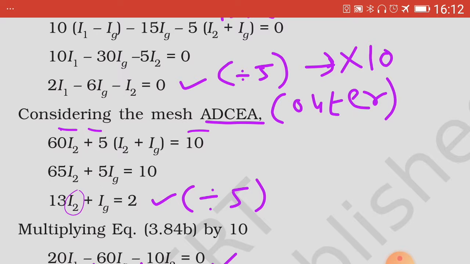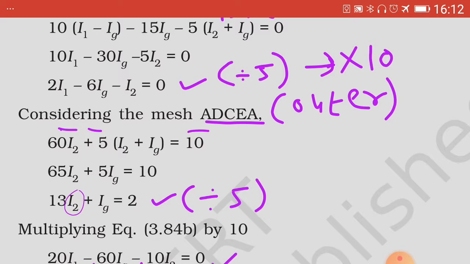Therefore, simplifying I2, that is 60 plus 5 I2, that is 65 I2 plus 5 Ig from the bracketed term equal to 10. So dividing each term by 5, we get 13 I2 plus Ig equal to 2, which again has been tick marked.